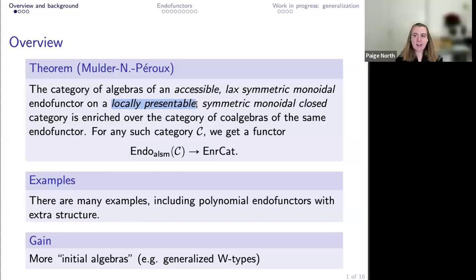I guess the thing that is kind of fuzzy in my mind, that I'm not so much an expert in, but one of my co-authors, Maximilien Péroux, is probably more of an expert in, is that we're using the hypotheses of the underlying category being locally presentable and the endofunctor being accessible, and hard-hitting theorems by Adamek and Rosicki and people like that, to say that the category of algebras and the category of coalgebras are also locally presentable, and therefore they have all the limits, colimits and adjoints that you could possibly want.